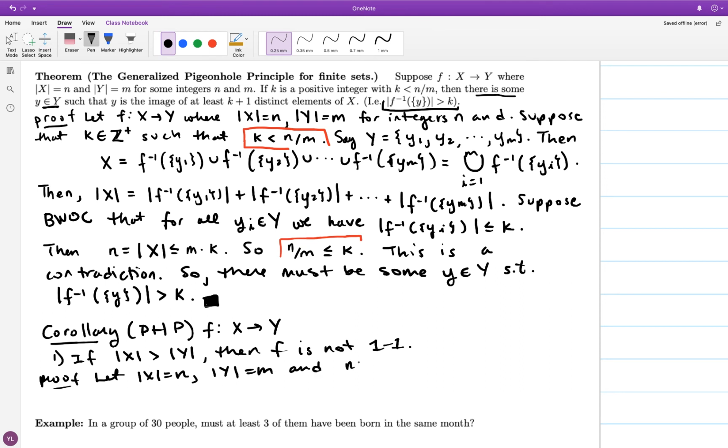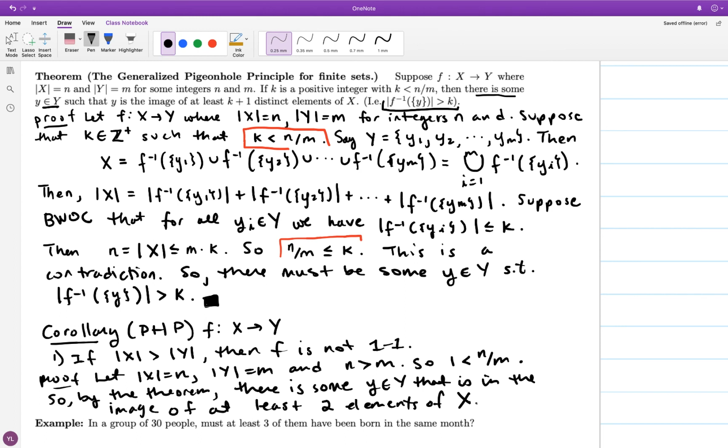And we're supposing here that n is greater than m. Well, that means the ratio of n to m is greater than 1. Divide both sides of this inequality by m, then you have the following inequality. So the punchline of the generalized pigeonhole principle tells me that there is some y such that y is in the image of at least 1 plus 1 distinct elements of X. And so f is not one-to-one.